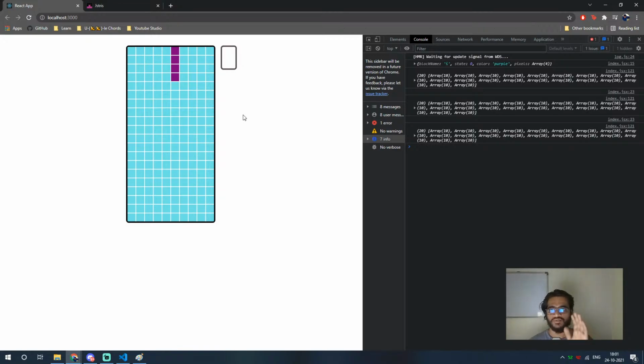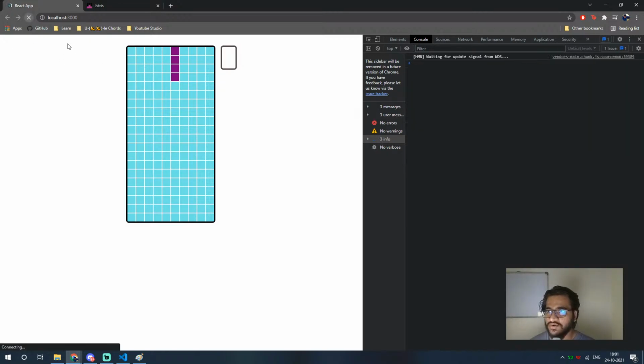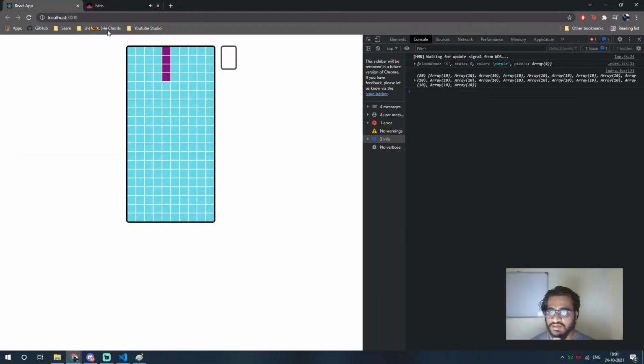Those errors that we are facing, I think they are from another function which is breaking. I'm going to look into it, but since we are working on rotation right now, I'm ignoring those errors for now, but I'll surely look into them. But this rotation is working exactly how we observed it here.